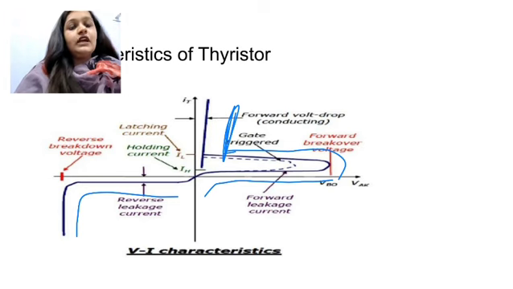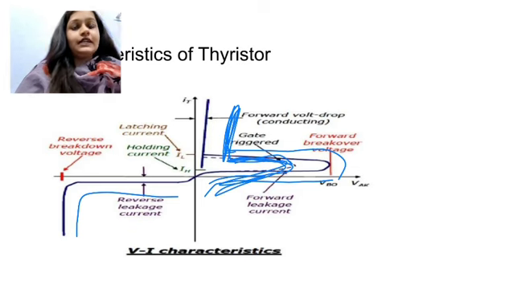This is a kind of loss for us. So the gate voltage, or gate terminal, is used to reduce that loss. When applying gate voltage, we get this conduction mode much sooner. That makes thyristors unique. Thank you so much.